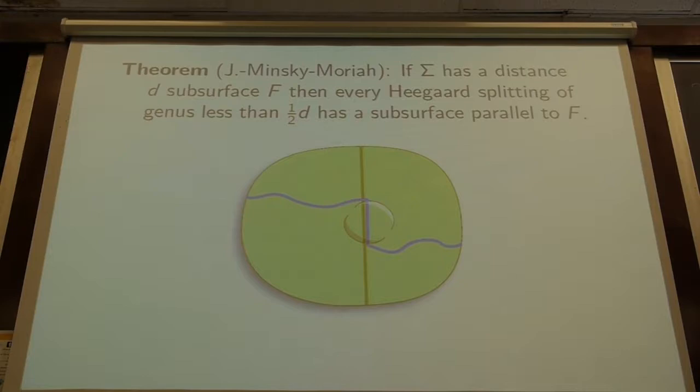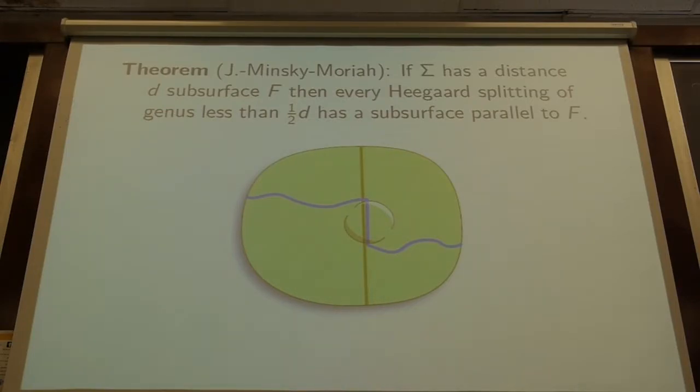In other words, you can think of that high distance subsurface as being a bubble. That bubble should really be long and skinny, but you'll see in a second why I made it round. Somehow the geometric picture is that a high distance subsurface is a big bubble of hyperbolic volume.